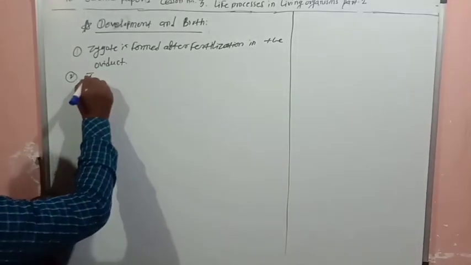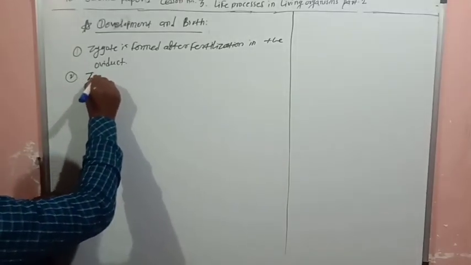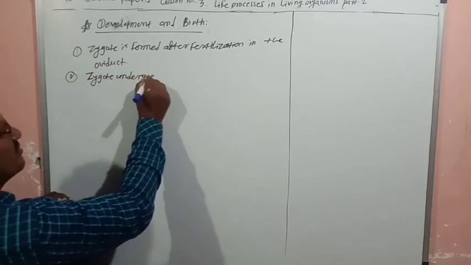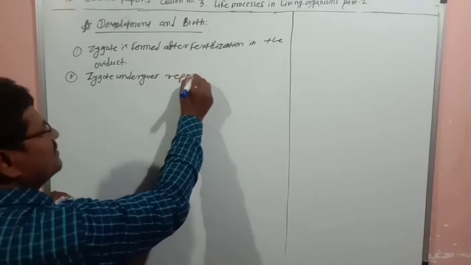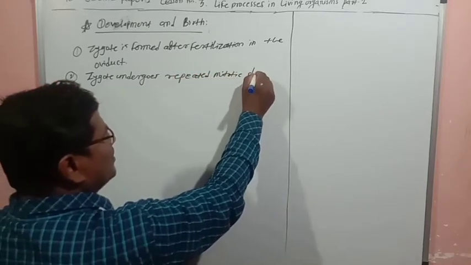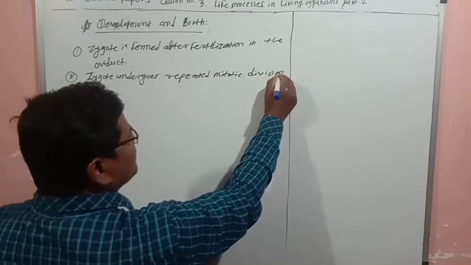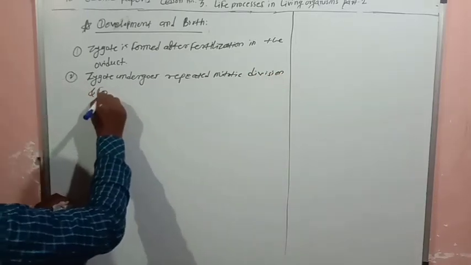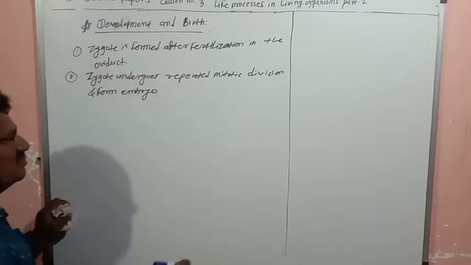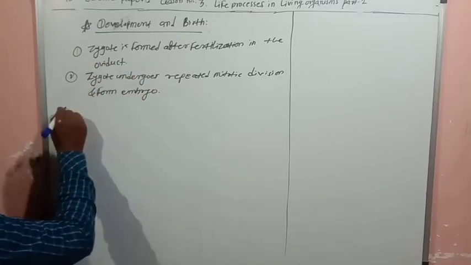So the zygote undergoes repeated mitotic division and forms an embryo. Due to the mitosis, the embryo is formed.